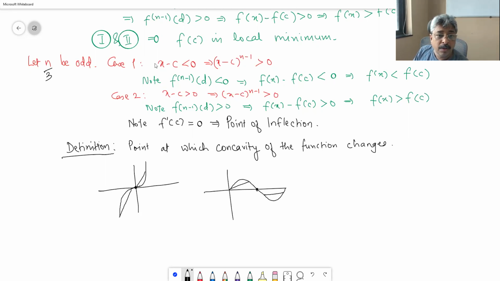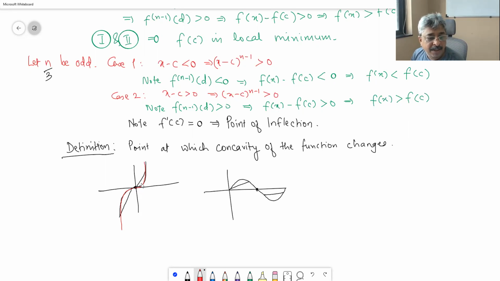In that case, f dash of c is equal to 0, and the values of the function are less than f of c in the left interval, and the values of the function are more than f of c in the right interval.